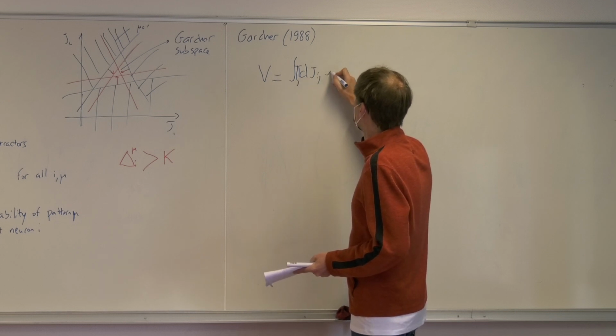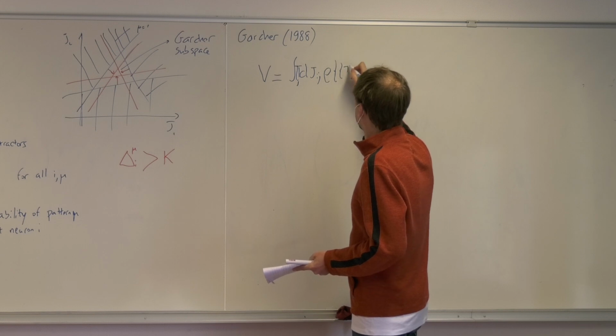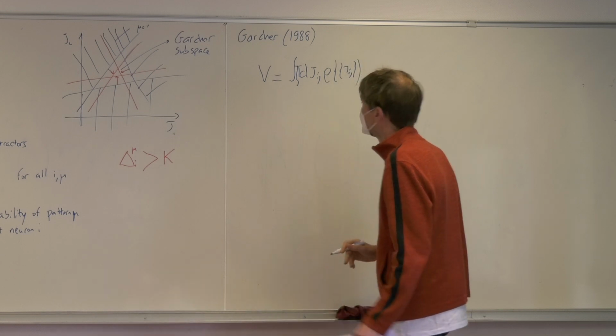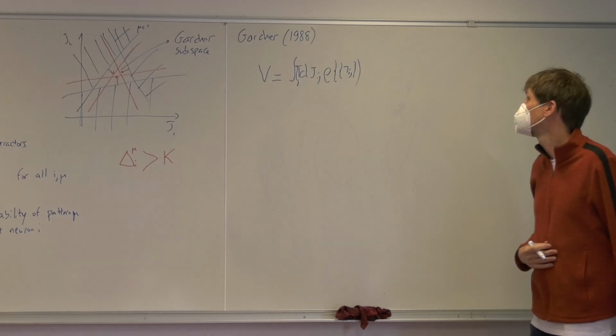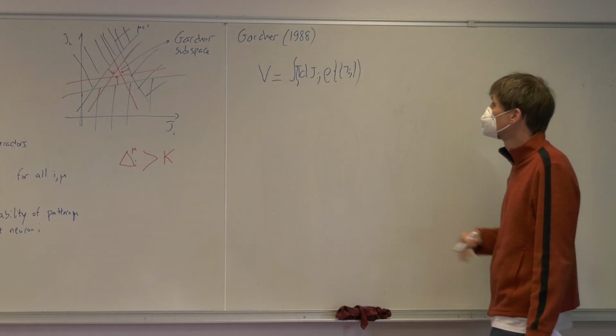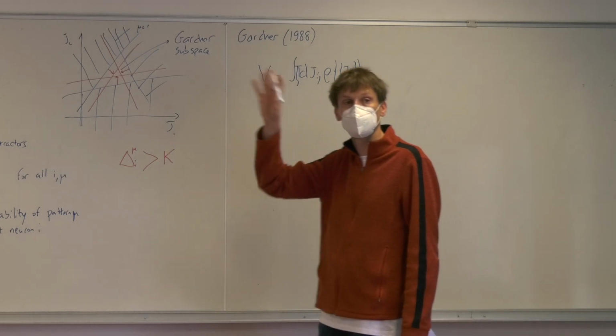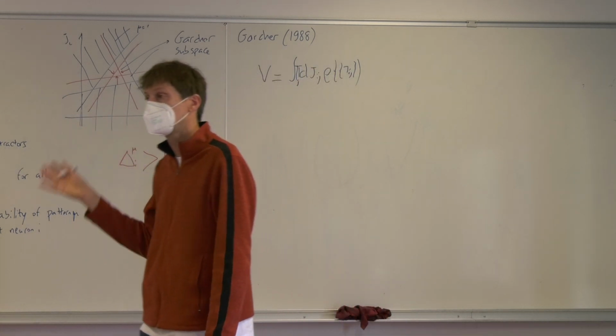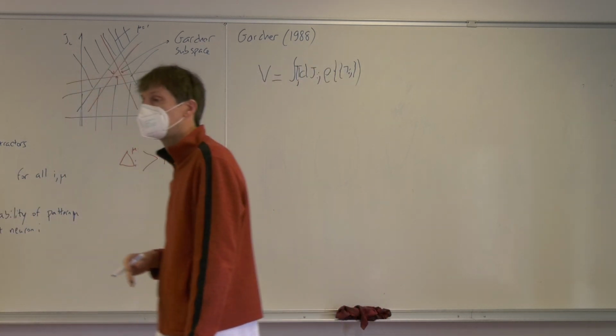We can add some prior distribution on the Jij's if you'd like. So in particular, what she used is a spherical constraint, so the weights were constrained to be on a hypersphere.